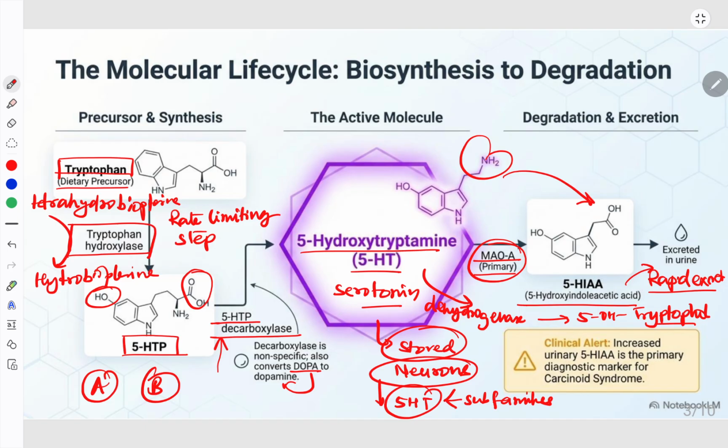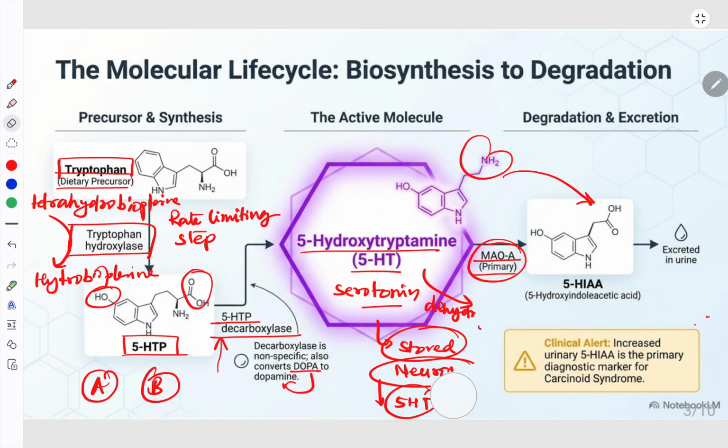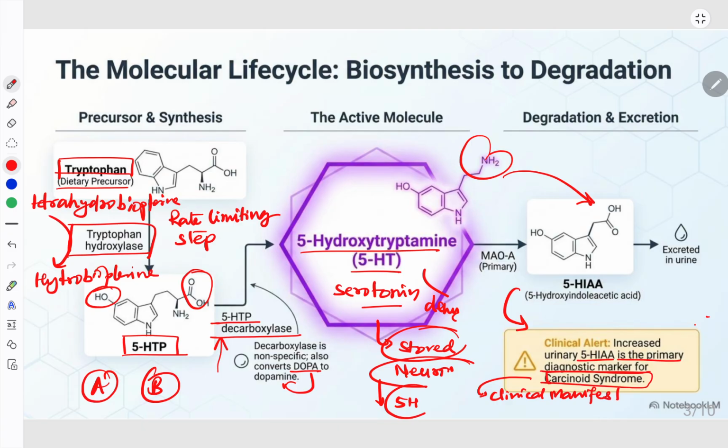Remember that this molecule, 5-hydroxyindole acetic acid, has clinical relevance: an increased level of this metabolite is a primary diagnostic marker for a condition known as carcinoid syndrome. Carcinoid syndrome is a clinical manifestation in which there is release or dumping of a high amount of 5-HT through neuroendocrine tumors.